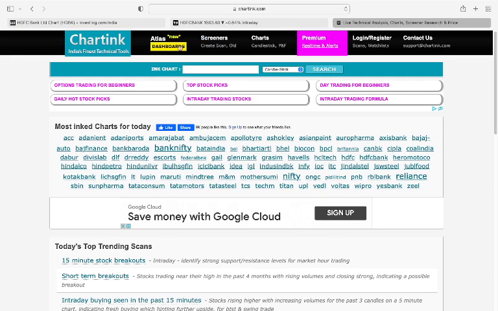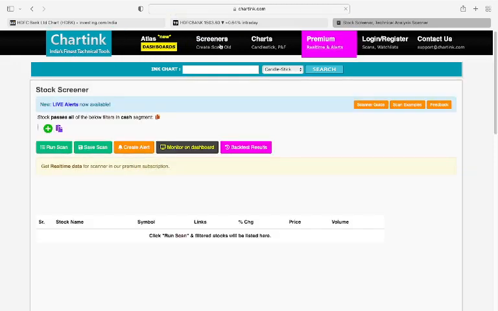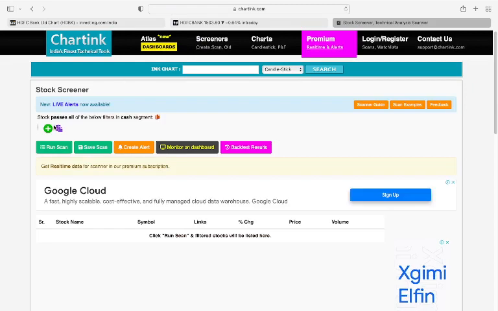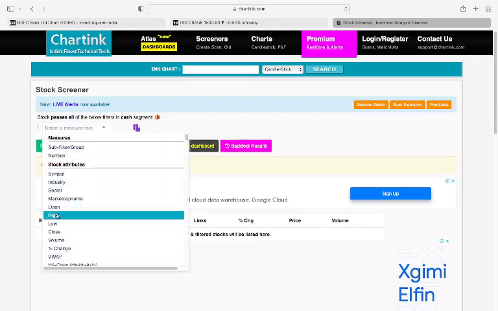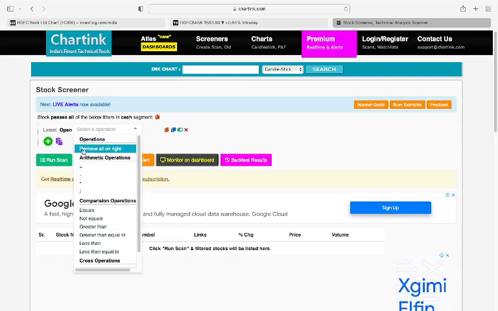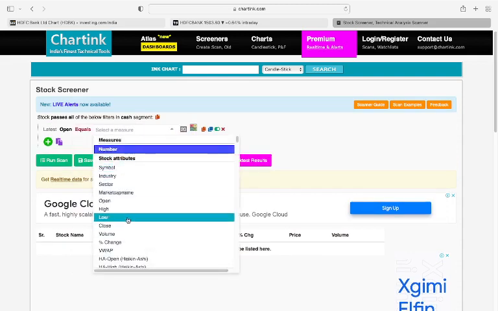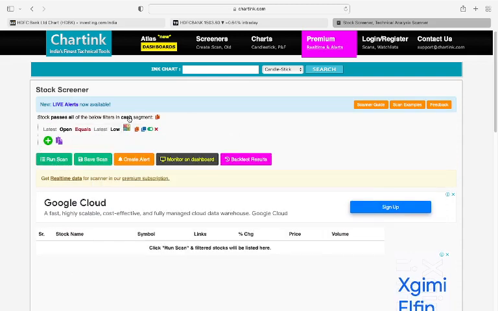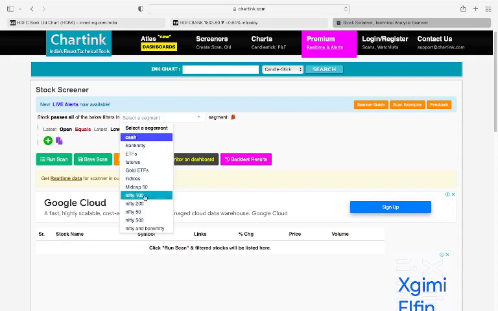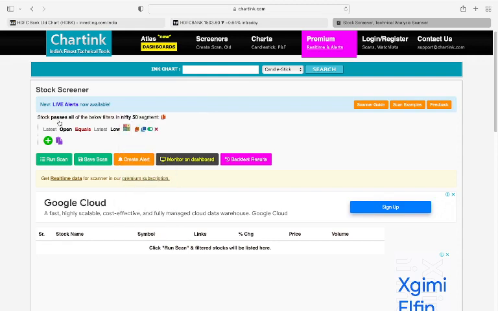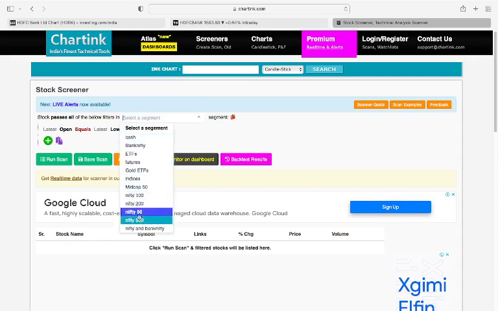So coming to this charting, we can create a scan here. How to create a scan? Let me click on create scan, click on this plus symbol, where I'll select open equals low, and I want to run this filter for Nifty 50 companies only. See, there are many options, Nifty 200, Nifty 500.